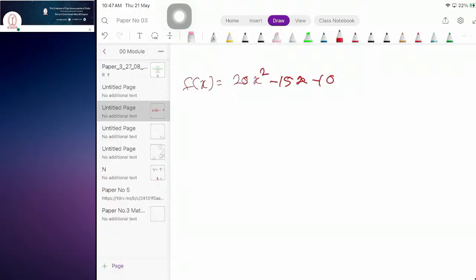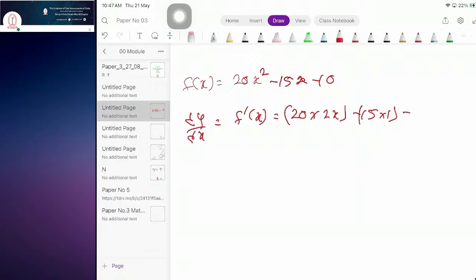Let's find f dash x or dy upon dx, the first order derivative of the function. So 20 is a constant, the derivative of x square is 2x, minus 15x gives 1, minus 10 gives 0, so 20 times 2 is 40x minus 15. This is your first order derivative.